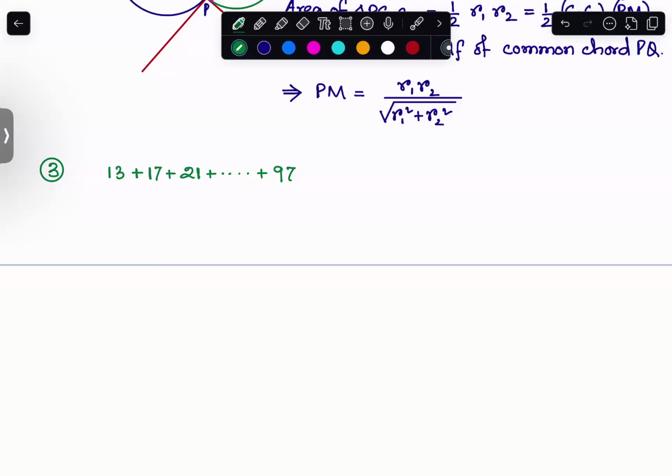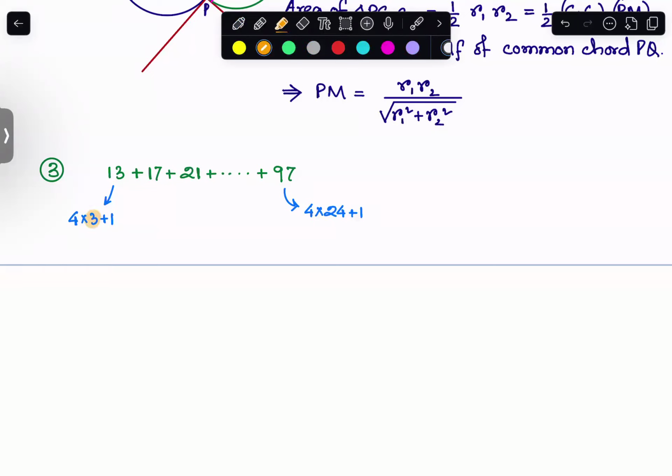Okay. And you can identify this one being 4 into 3 plus 1, and the last one is 4 into 24 plus 1.